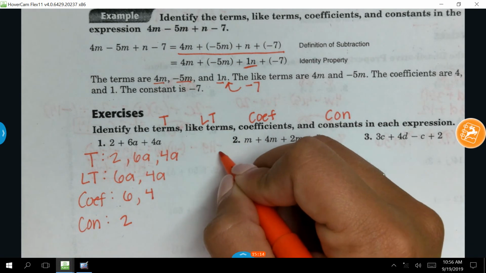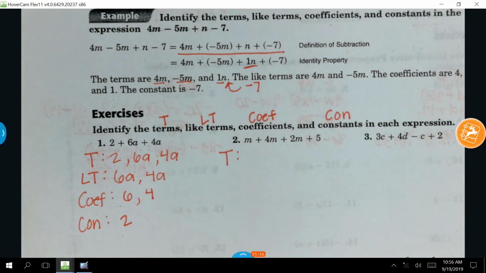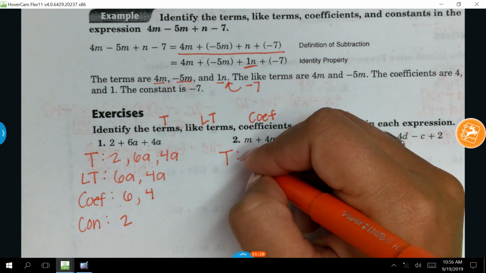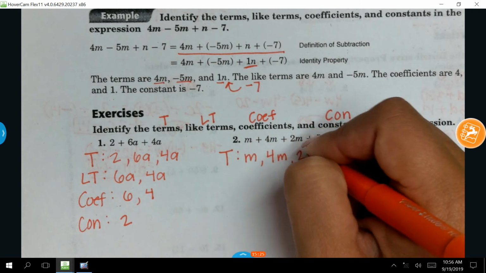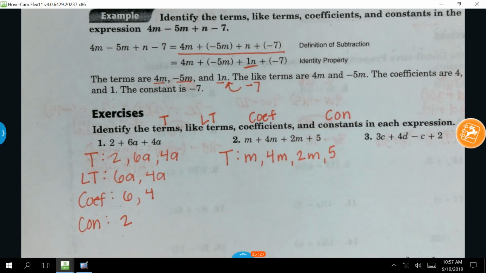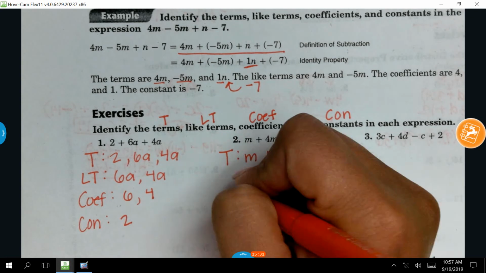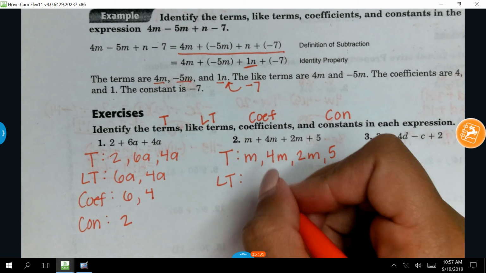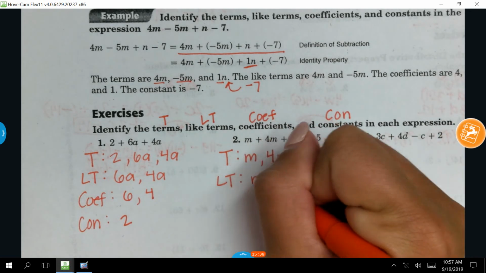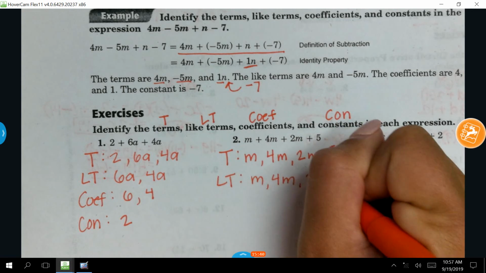Okay, looking at number 2. What are my terms there? Charlie? 1M, 4M, 2M, 5M. Good. It's just all of those terms, all of those numbers. Do I have any like terms? Yeah. I've got 1M, 4M, and 2M.